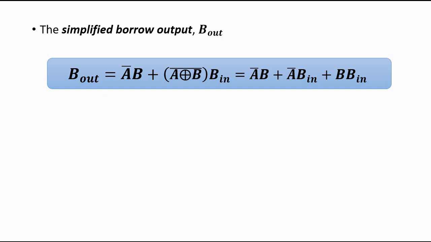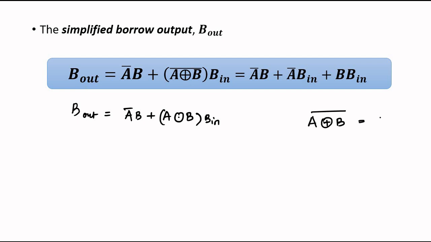Or in another way, we can write it as B output is equal to A bar B or A XNOR B into B in, because inversion or NOT of XOR gives us XNOR.